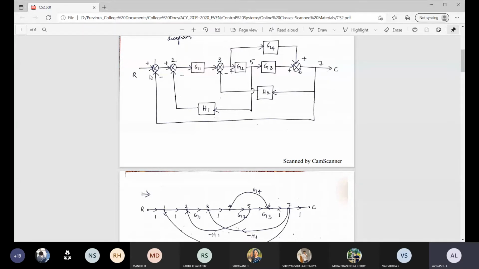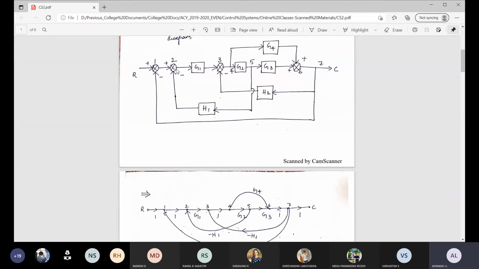Since between R and node 1 there is only a connection, we consider that gain value as 1. From node 1 to 2, again there is only a connection, so the gain is 1.